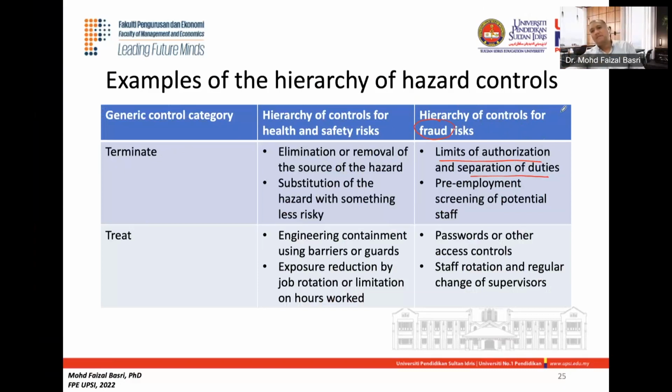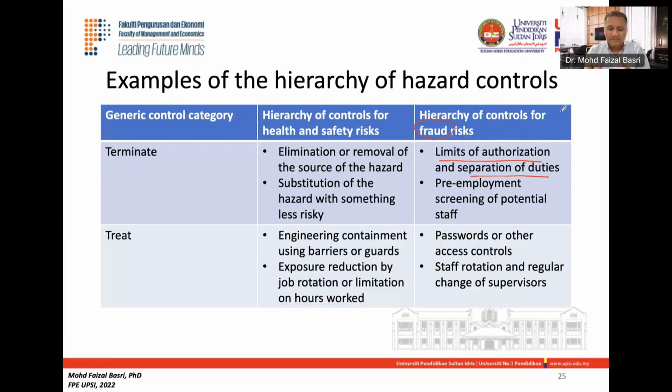One branch manager can approve, for example, a hire purchase account, car financing, up to 200,000. If a customer wants to purchase a car and the price is below 200,000, the branch manager can approve it. But if the price is above 200,000, the branch manager needs to submit the application to a higher authority, which can be regional managers or managers in the head office. So this is a control in order to avoid fraud risk.